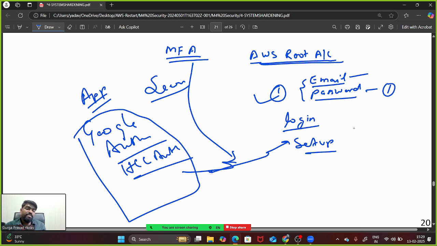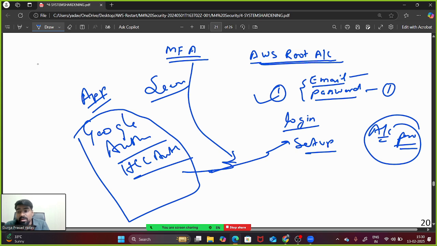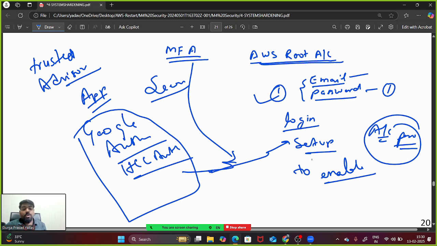How to set up? If you go to the account detail in your profile, and click on the profile, automatically your AWS Trusted Advisor will give you a recommendation to enable MFA on the root account.